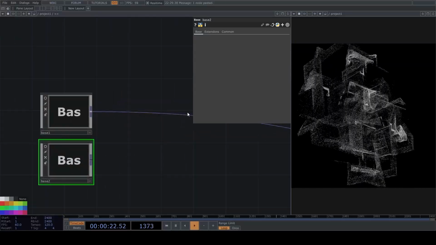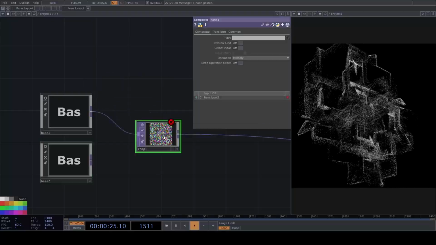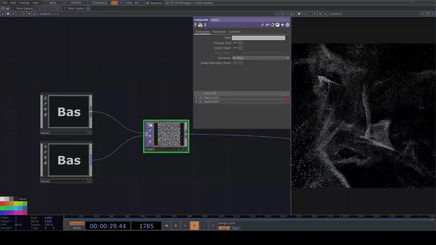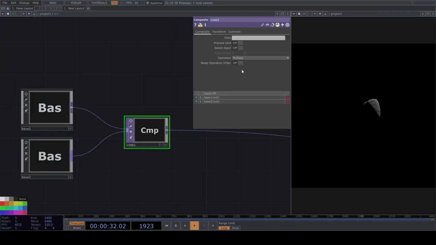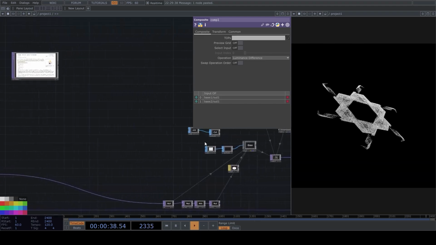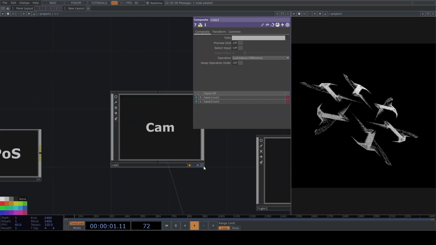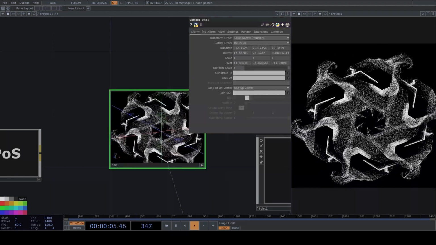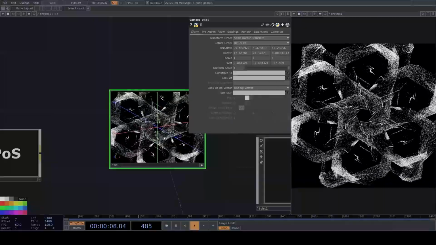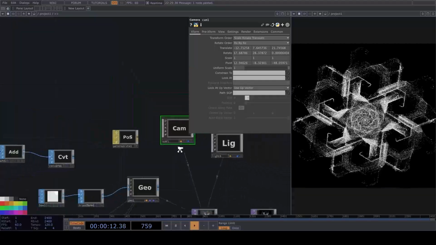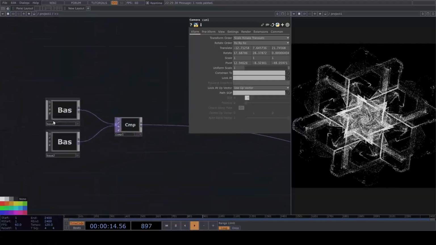And duplicate the system. And here we could use different operators to get a new look. For example, something like this.